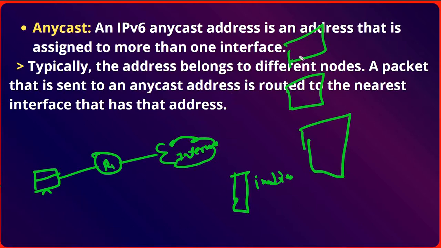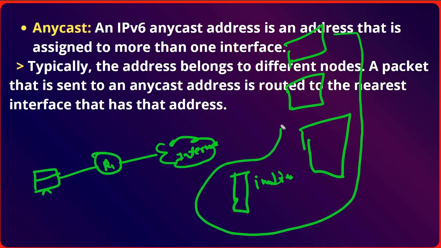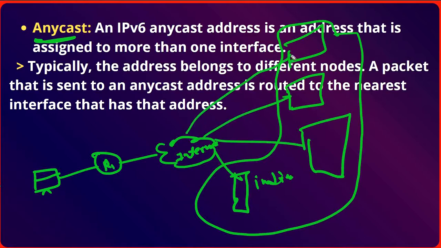So I will configure the same IP address on all Google servers, and that IP address will be an anycast IP address, and all are connected through the internet. If I ping the Google server from here, I will ping the anycast address, and the anycast address will be routed to the nearest destination.